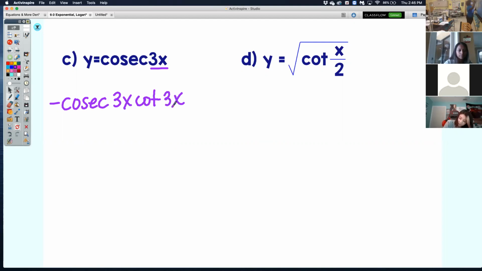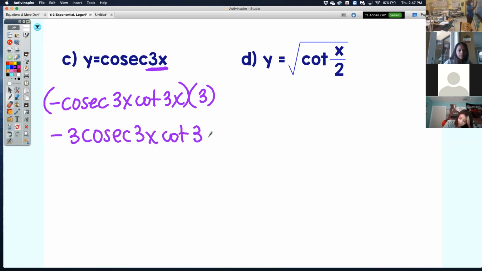Then I multiply this whole thing by the derivative of the inside, which was the 3x. What's the derivative of that? 3. So then this just turns into negative 3 cosecant 3x cotangent 3x. And that's our derivative.